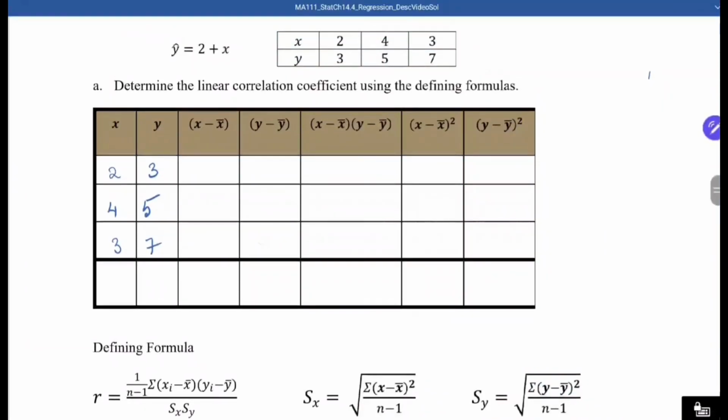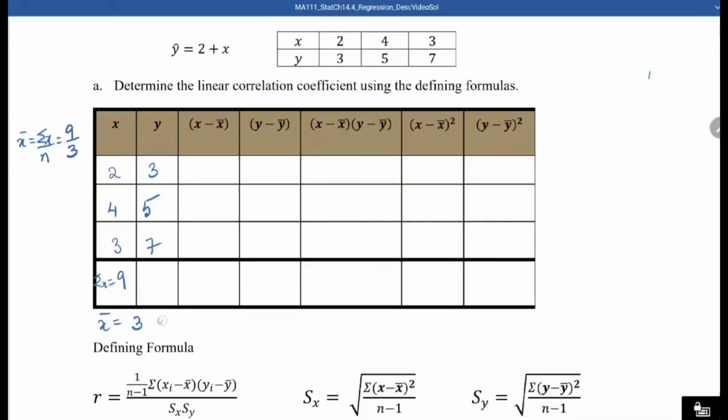Let's first start with finding the mean of the x values. x bar is going to be sigma x over n. n is 3. Sigma x is 4 plus 2, 6, plus 3, 9. So it's 9 divided by 3, so our x bar value is going to be 3, correct?